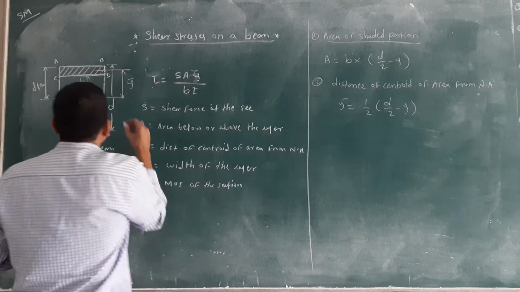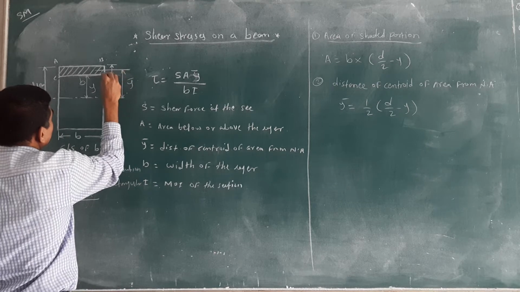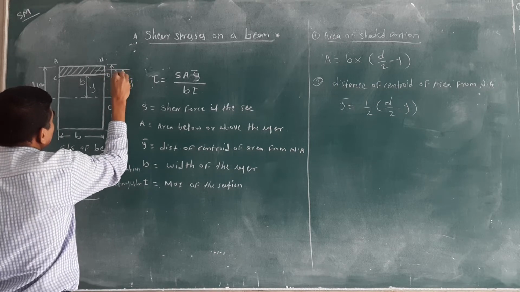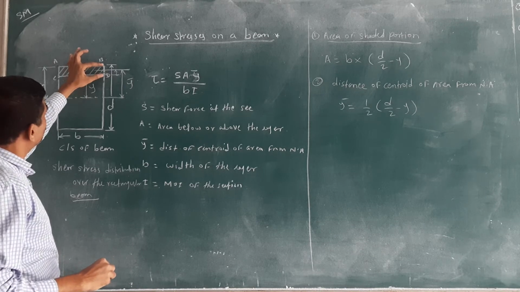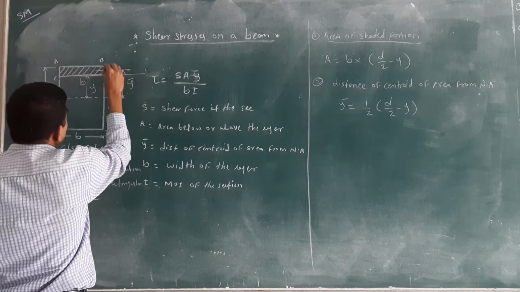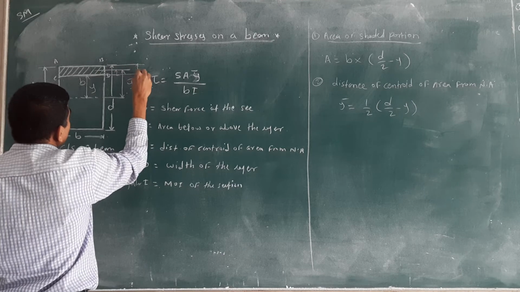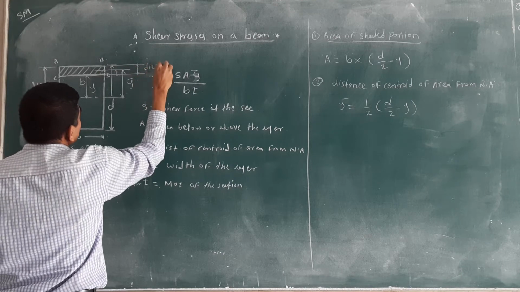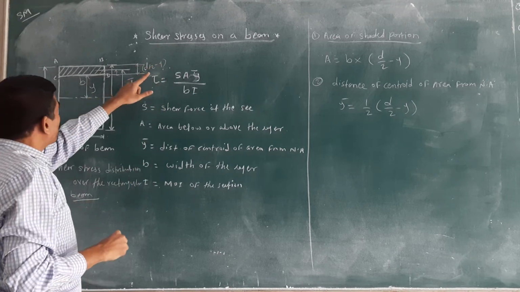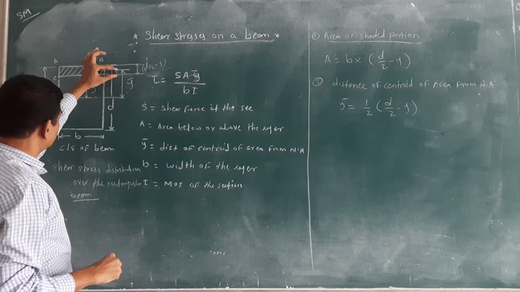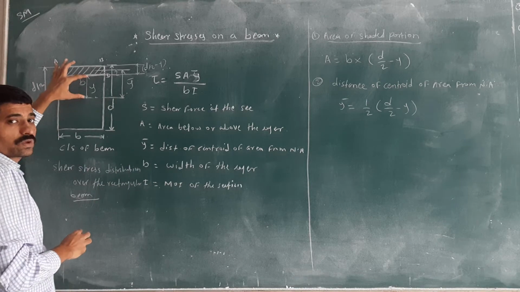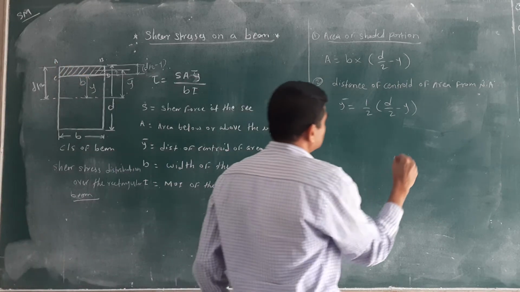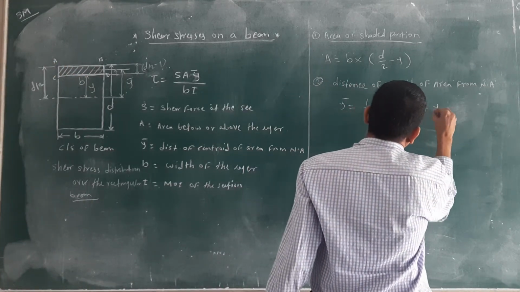Okay. If you take the half of this distance, then you will get this distance, and from this to the neutral axis we have the y. Then I will do the plus y.